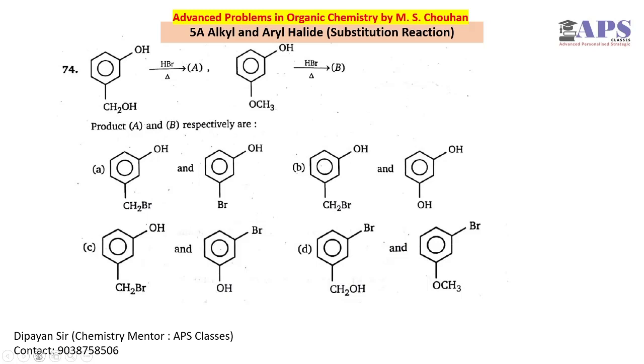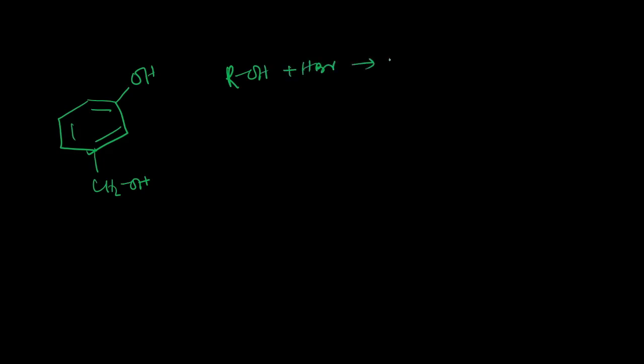Moving forward to question number 74, HBr is added. Now if we closely look at the first molecule, we have OH, we can draw it like this also, OH and CH2OH. Generally if we add an alcohol to HBr, we have R plus, water and Br minus.